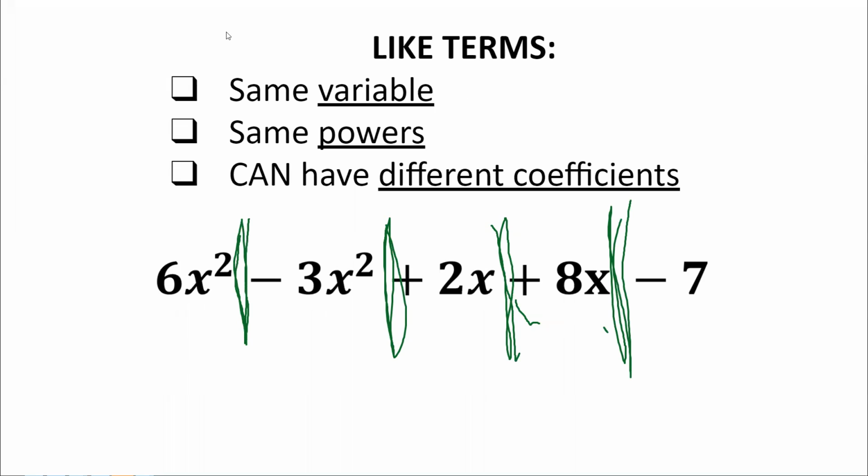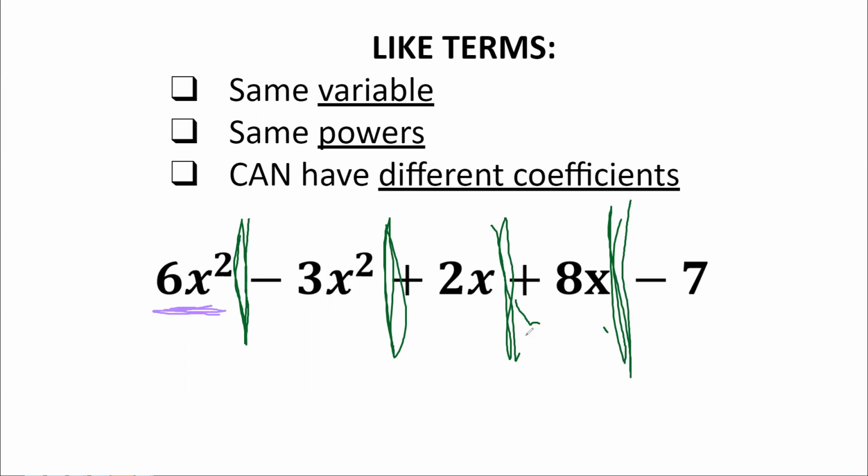Now we're going to be looking for those like terms. So they have to have the same variable and they have to have the same powers. So I don't really care about these coefficients because it says that they can have different coefficients. Coefficients, that number out front. So I don't care about that 6. I'm looking at x squared. So I know that this is one type of like term.